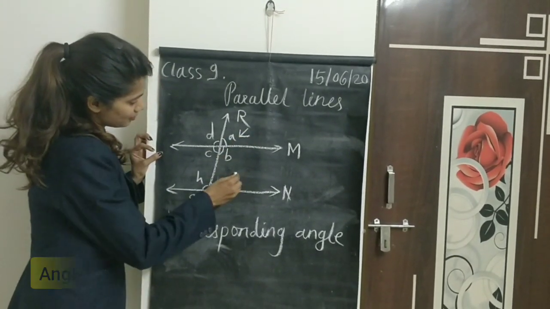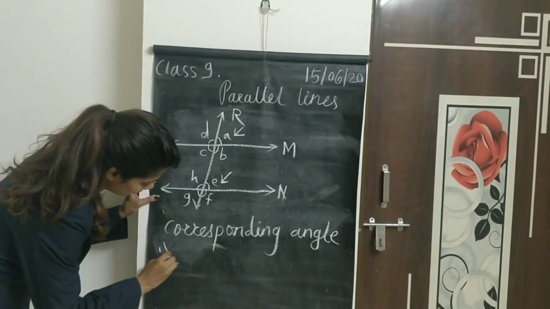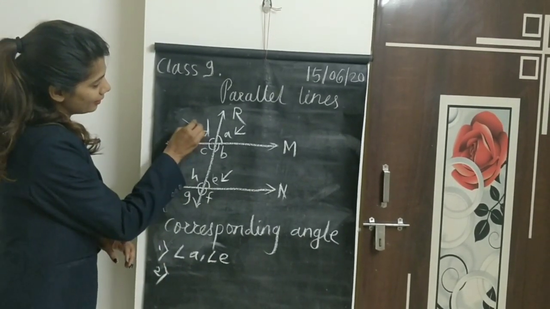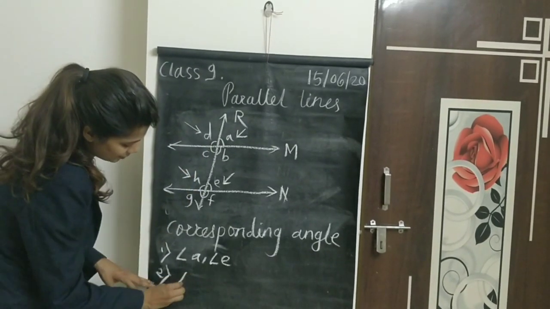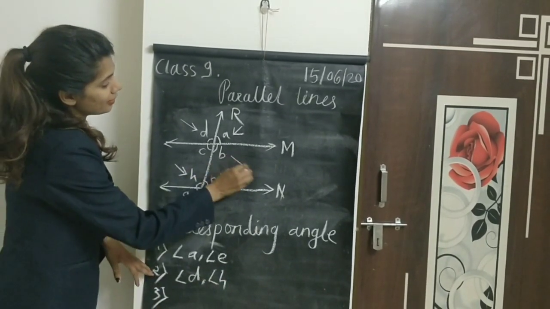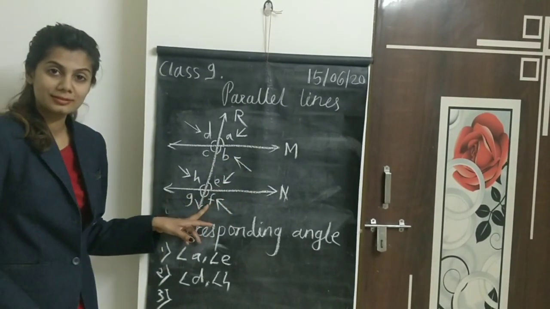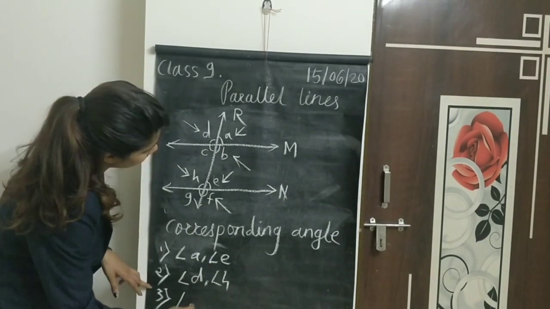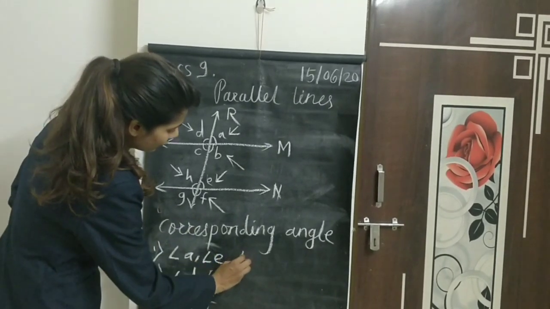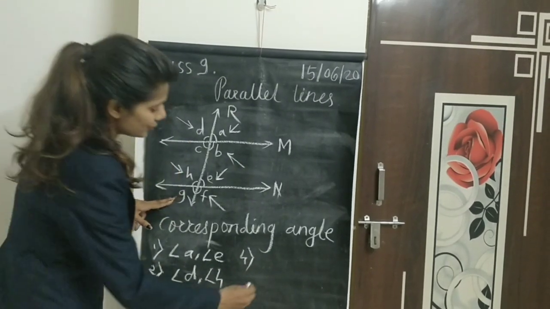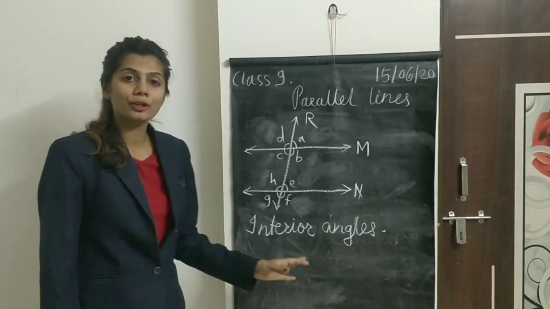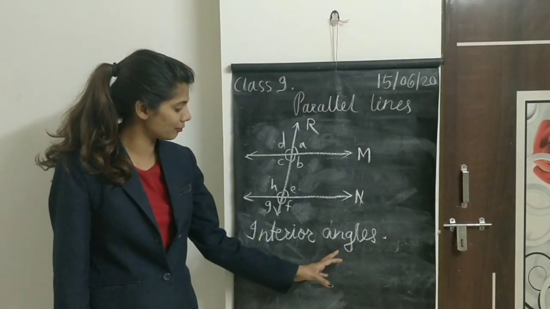Angle A corresponds to angle E. So first pair I will write angle A, angle E. Second pair, angle D corresponds to angle H. So angle D and angle H. Third pair, angle B corresponds to angle F. This is the pair of corresponding angles. And fourth I will write here, angle C and angle G. Understood?